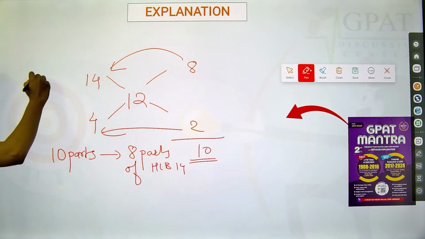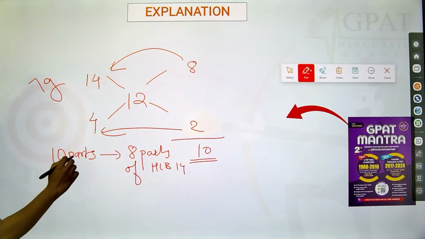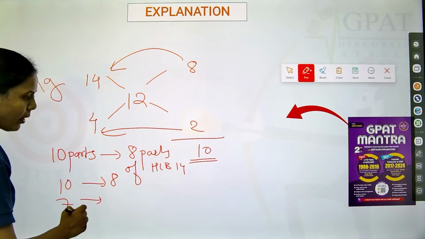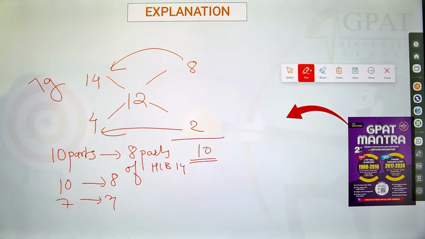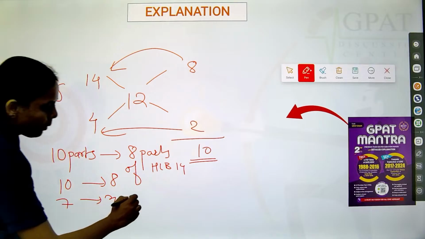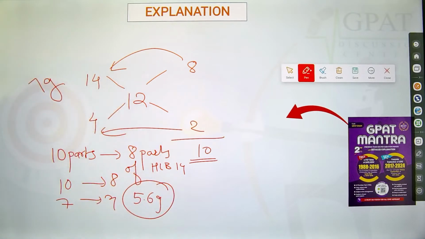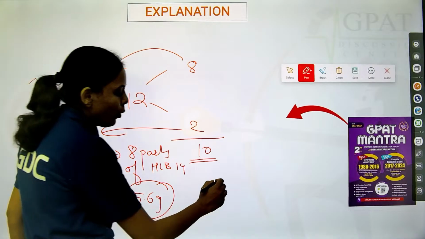Now you have to prepare how much? 7 gram. So very easy. 10 for 8, you have to prepare 7, so 7 will be how much? X. Like that you can calculate. If you calculate this, the answer will be 5.6 gram. Similarly, for the other one you will get 1.4 gram.